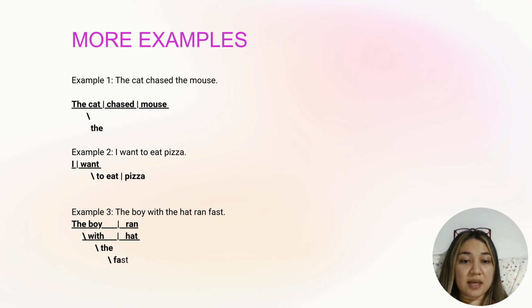"Hat" is the object of "with the hat." Hat is another object, right? So we are going to describe the extra information and the connector with a diagonal line, right? So this is all.